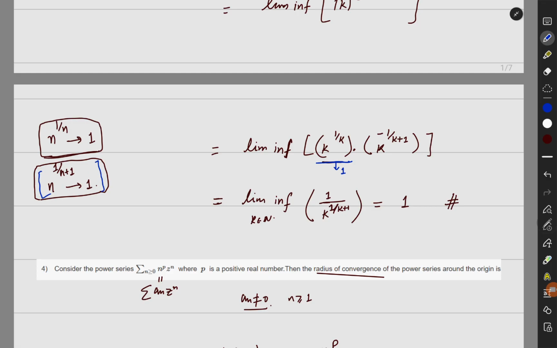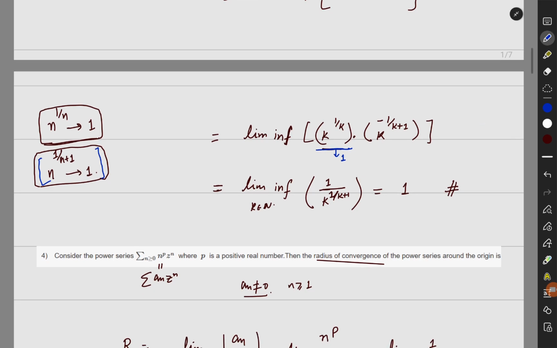This is part of real analysis, if you have ever solved these kinds of sequences which converge to 1. So basically these two sequences are convergent and they go to 1, so the product also goes to 1.